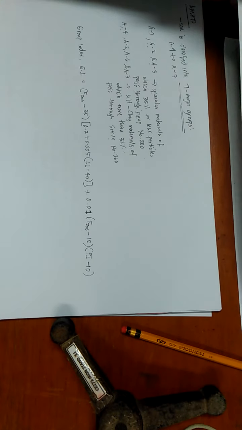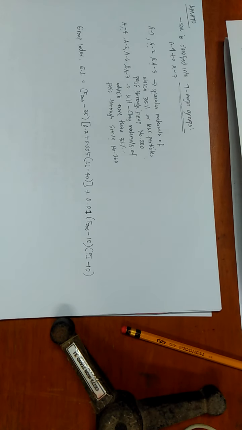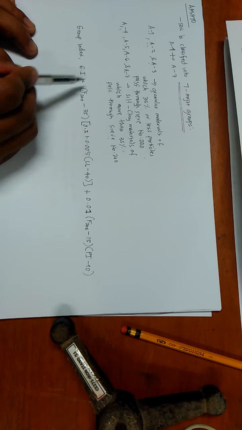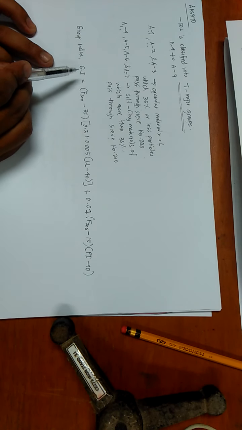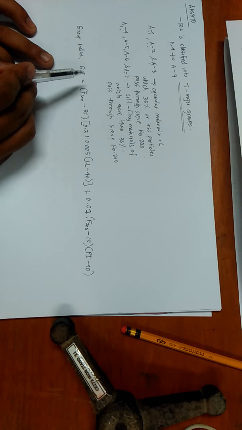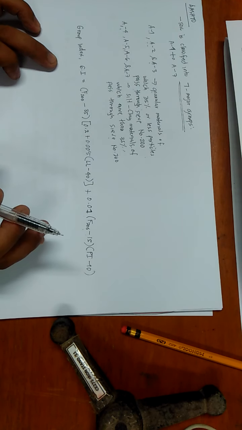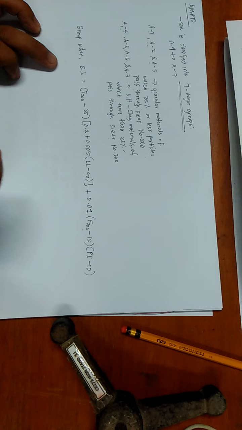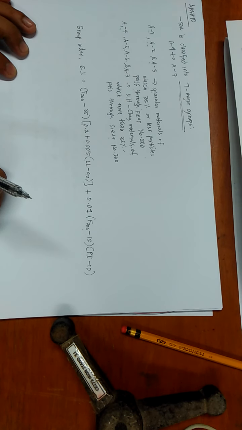And for your advanced learning also, for the qualitative evaluation of the desirability of a soil as a highway subgrade material, the group index has been developed. Sabi niya dito, ang importance kasi ng group index natin, the higher the value of the group index for a given soil, the weaker will be the soil's performance as a subgrade.